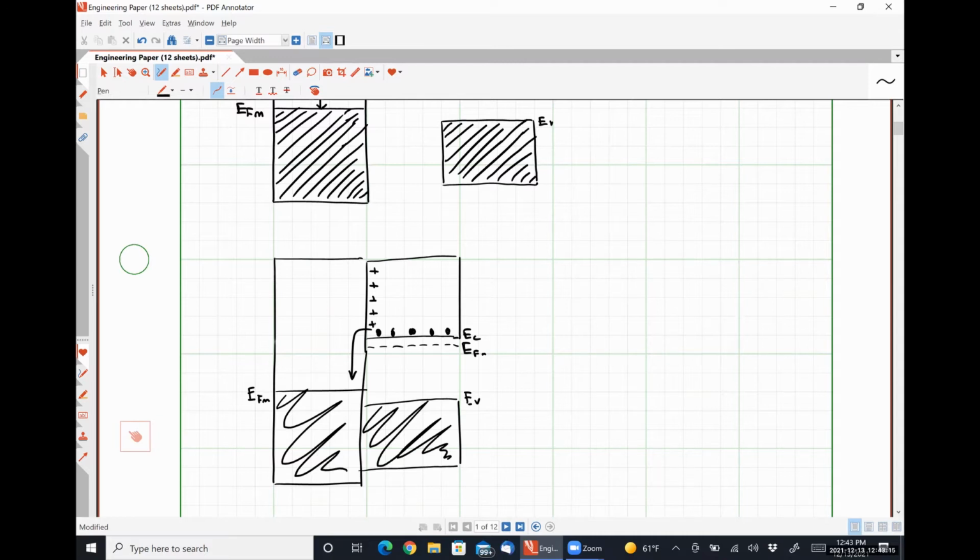The electrons are moving to the other side of the junction. And negative charge is going to accumulate in the metal.